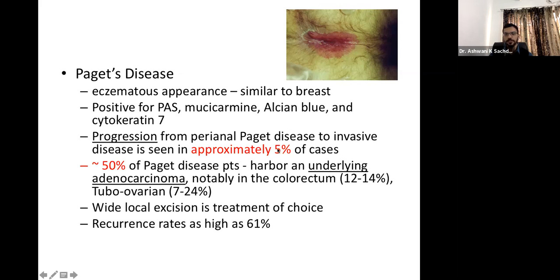But about 50% of Paget disease cases harbor some kind of underlying adenocarcinoma, most likely in the colorectal region, and some in the tubo-ovarian region also. Wide local excision is the treatment of choice for Paget disease, and recurrence is seen in as high as 61% of the cases.